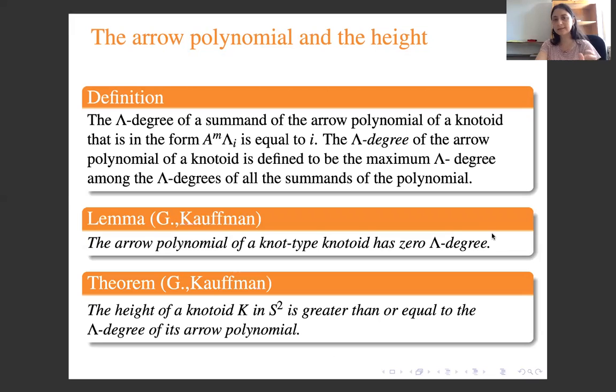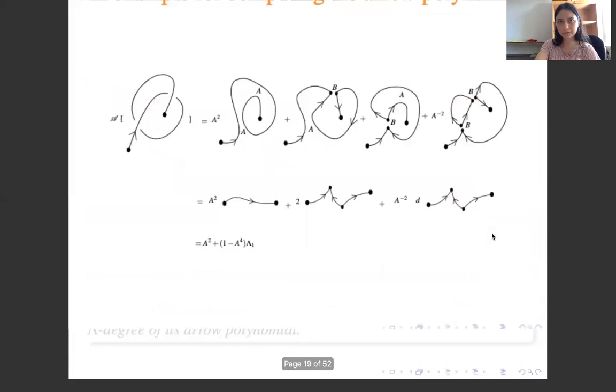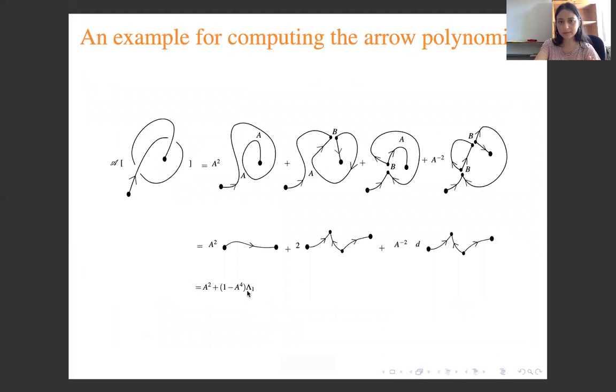The same logic applies here for proving that. And we have shown that the height of a knotoid in the two-sphere is greater than or equal to the lambda degree of its arrow polynomial. So the lambda degree is a lower bound for the height of that knotoid type. So with this result, now I'll go back to the slide. I can deduce that since we obtain this arrow polynomial here and the arrow polynomial has lambda degree 1, this knotoid diagram is representing a proper knotoid.